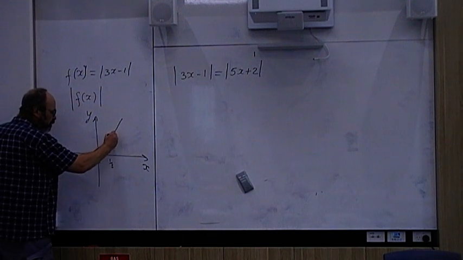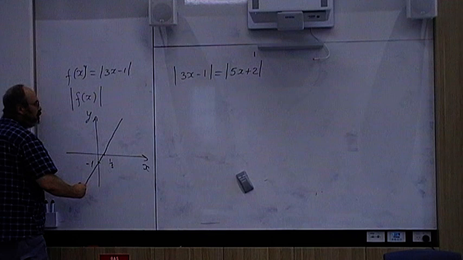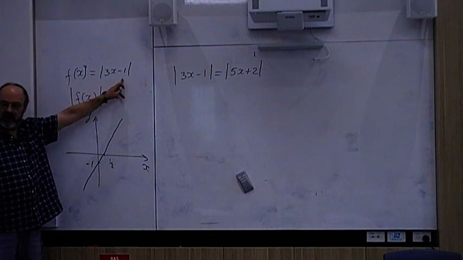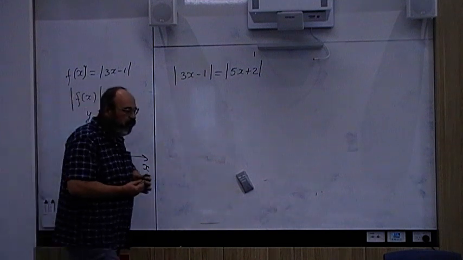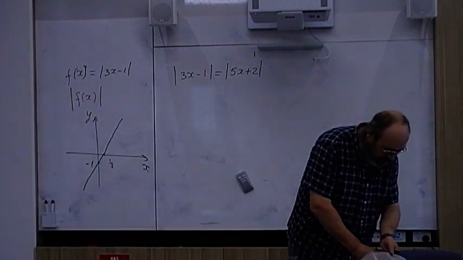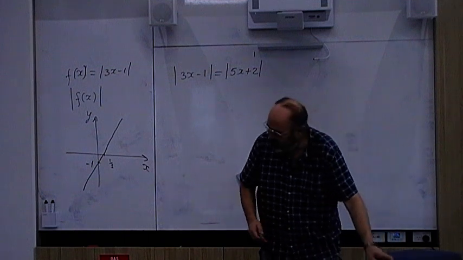This is 3x minus 1. What does the modulus sign do? It removes the negativity. It makes everything positive.